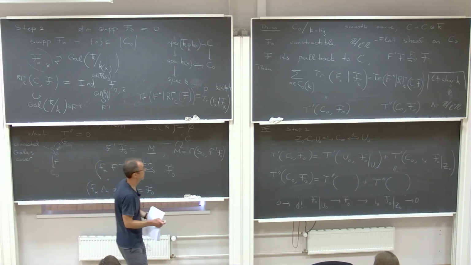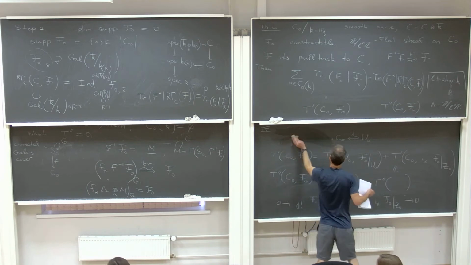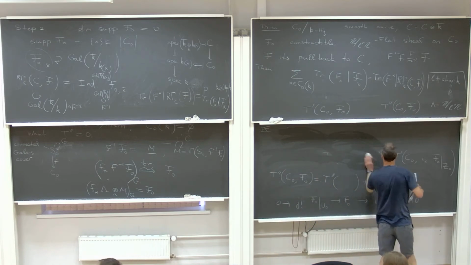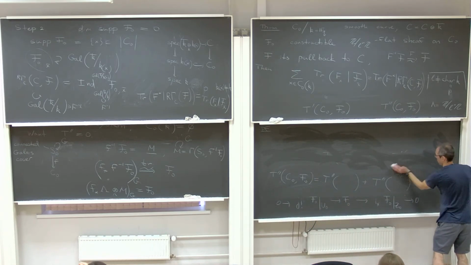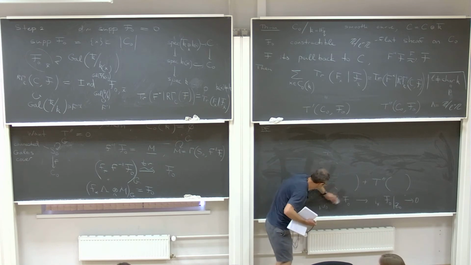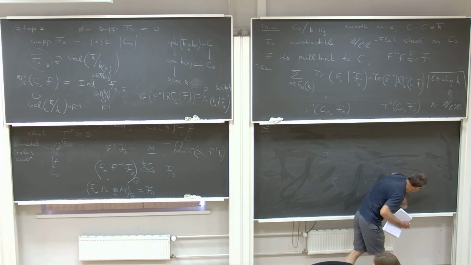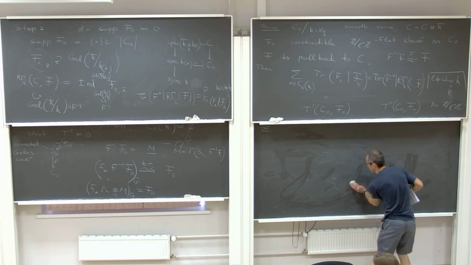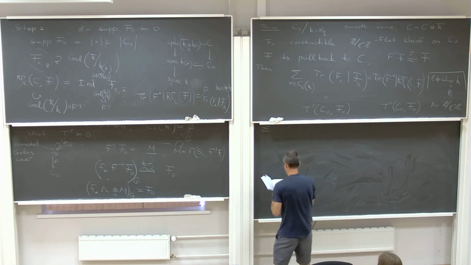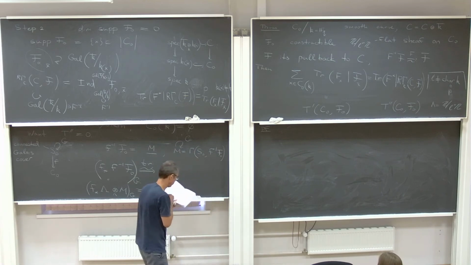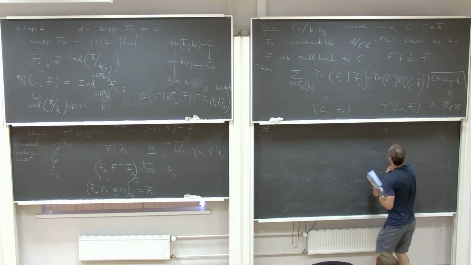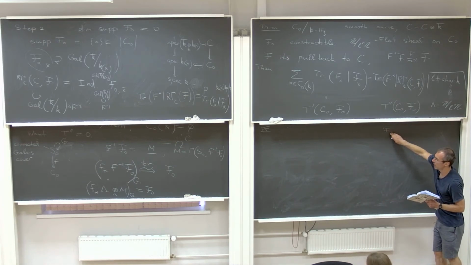So now let's do the computation. We are interested actually not in F0, but we want to take the cohomology with compact support.